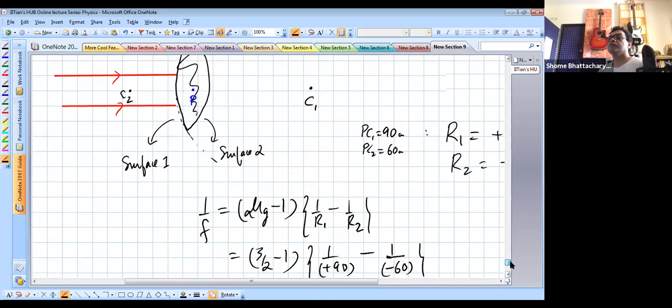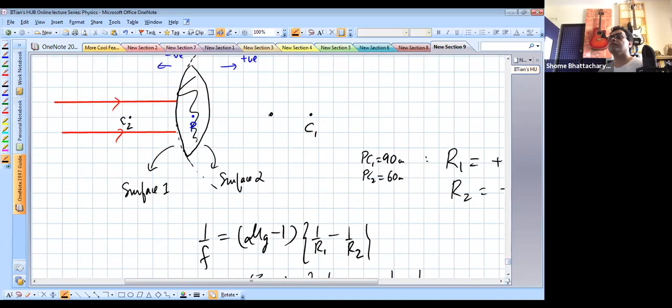So that means that the focal position will be somewhere. Because remember, this is 90 centimeters. So this means that the rays, when they emerge from here, whatever is happening in between is fine. When they emerge from here, whatever happens inside here is not what we are looking into in the formula.